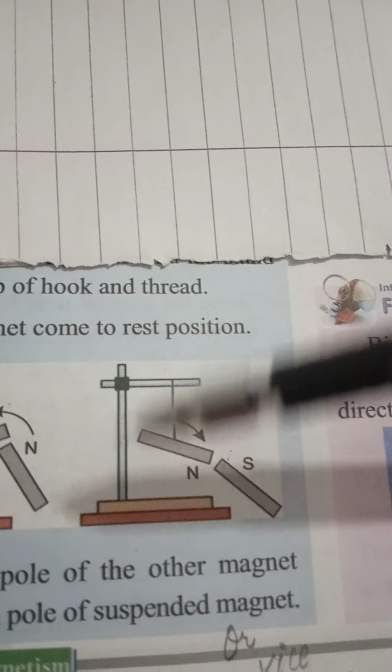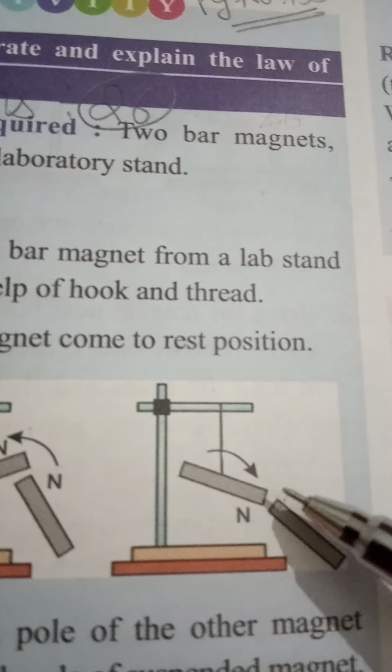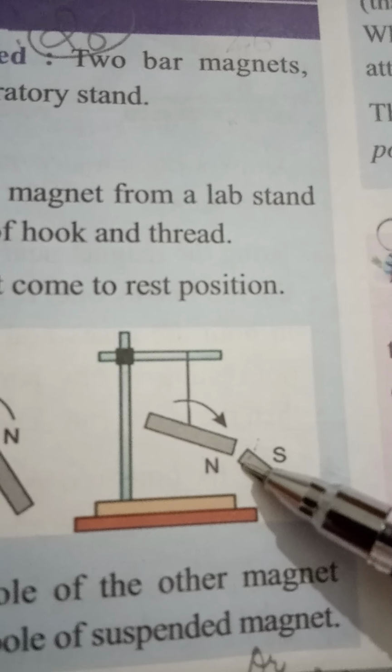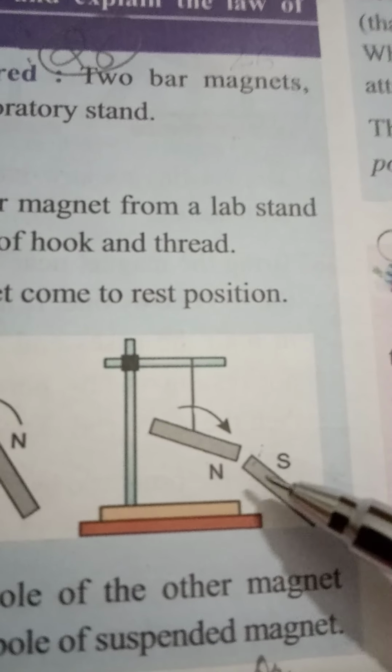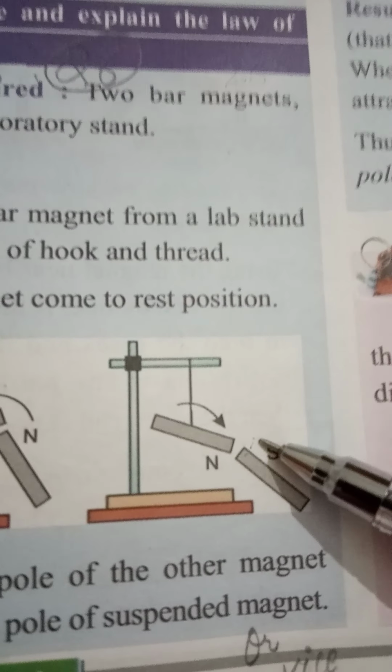And in the second one, you see when I bring the north pole of the suspended magnet and the south pole of the other magnet together, they attract each other. Similarly, in the other magnet, if I have north here and south here, they also attract each other.